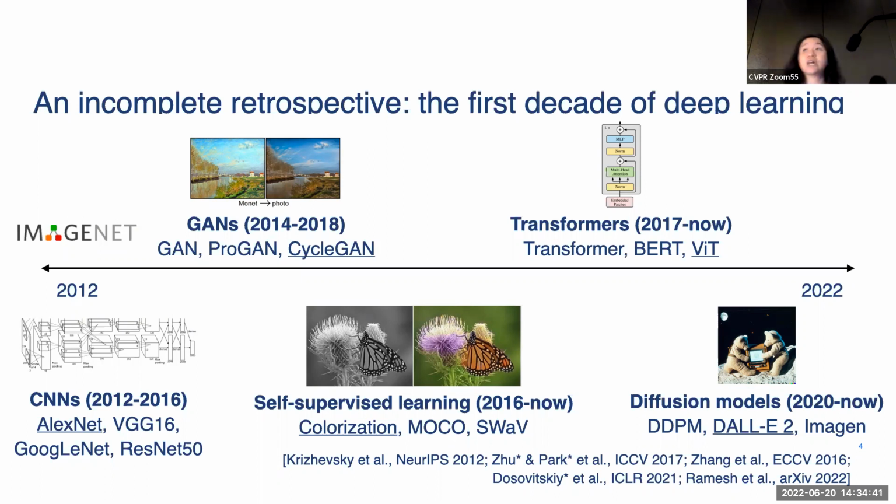So in deep learning, there have been a number of exciting developments in the past decade. Starting off in 2012, when AlexNet and ImageNet together demonstrated the power of CNNs when given enough training data to make much progress and generate this new AI revolution. To work in generative modeling, first through GANs, and then more recently with diffusion models like DALL-E 2 and Imagen.